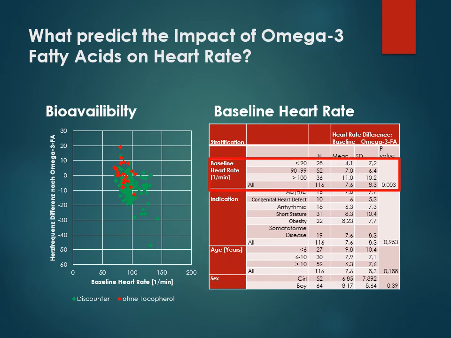Our analyses clearly show that the baseline heart rate has the most important impact on heart rate reduction, with a decrease by 4 beats per minute in those with low heart rates below 90 beats per minute, and a decrease of 11 beats per minute in those with more than 100 beats per minute in 24-hour heart rate ECGs. This is the only significant effect on the heart rate decrease.